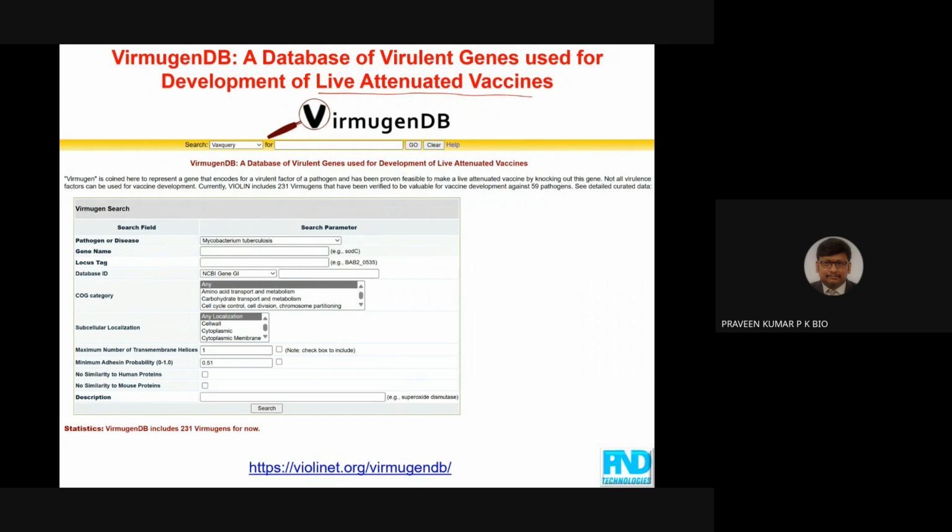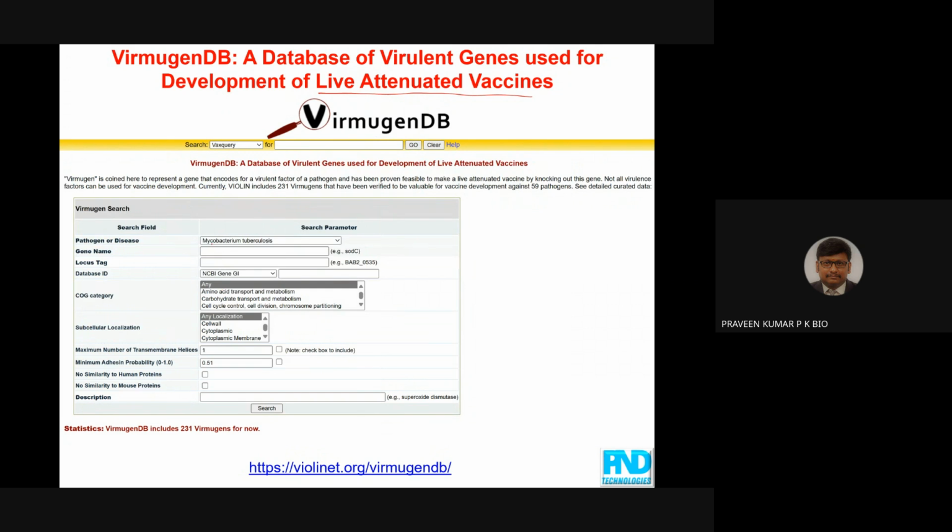Whatever virus we made passive can be used for prevention of virulent gene-possessing viruses. Got it? We inactivate the viruses, that is, we do the gene silencing of the virulent genes through heat or chemical inactivation. So for that we have Virmugen TB.